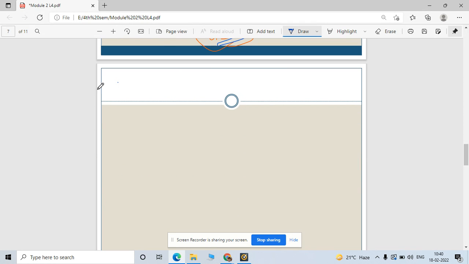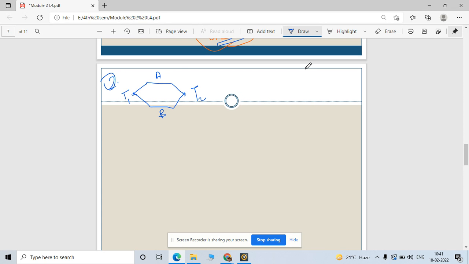And the second thing is this: a thermocouple with metals A and B. This is junction T2, meaning temperature T2 on junction T2, and this is temperature T1.